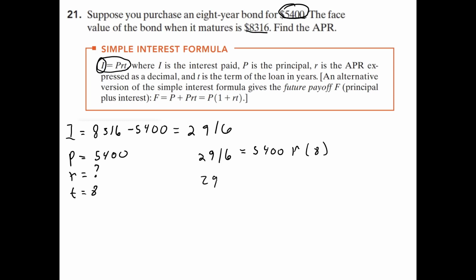So 2916 is equal to, the only operation present here is multiplication, so we can take the 5,400 and multiply it by 8. That gives us $43,200 times R. To figure out what R is, we can divide both sides by 43,200.